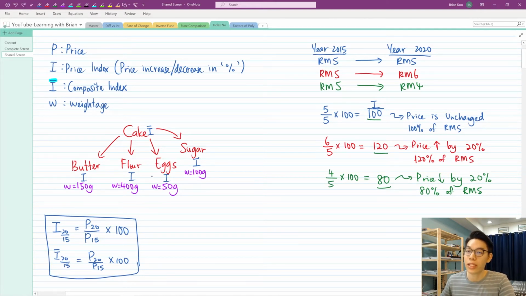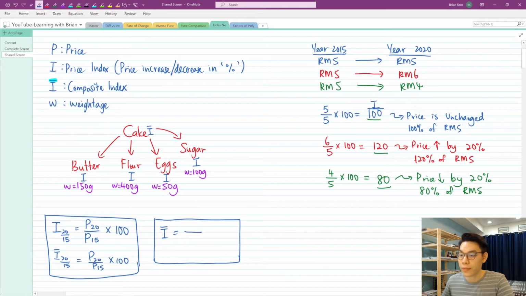So with this weightage, you will know how to use the second formula already, where this formula is also for your composite index, and how it works is like this. I write down the formula first, later I explain what this means. If you are very familiar with your formula for mean or average, you will know that this looks very alike the mean formula.